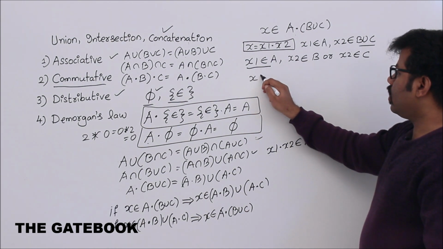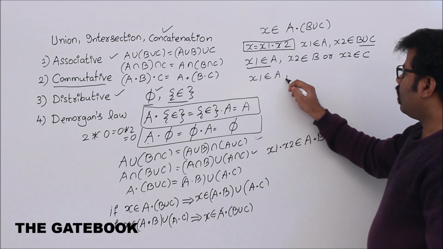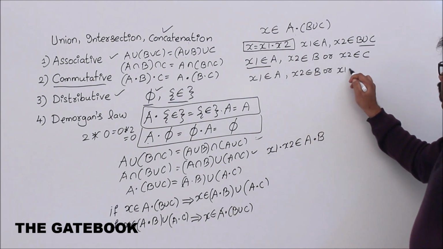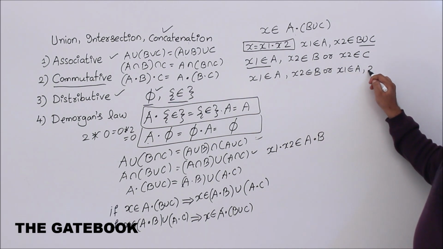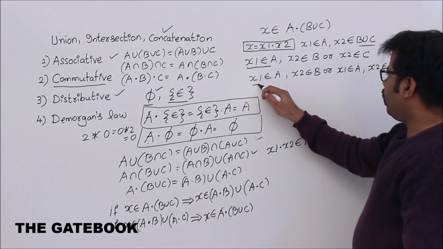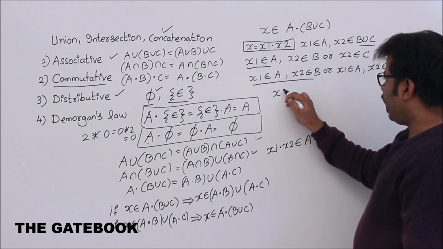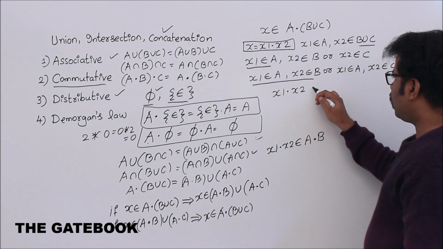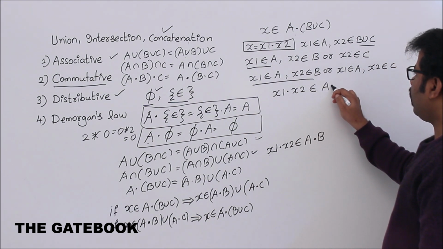Now if x1 belongs to A and x2 belongs to B or x2 belongs to C, then according to the logic, x1 belongs to A and x2 belongs to B, that is one case, or x1 belongs to A and x2 belongs to C, that is the other case. So x1 belongs to A, x2 belongs to B, then x1 dot x2 belongs to A dot B, correct?